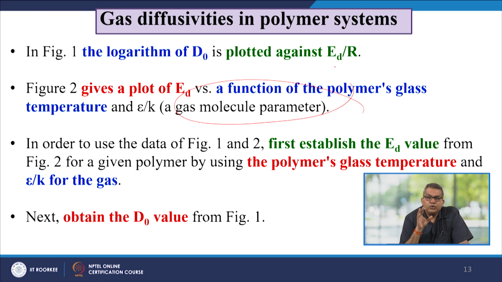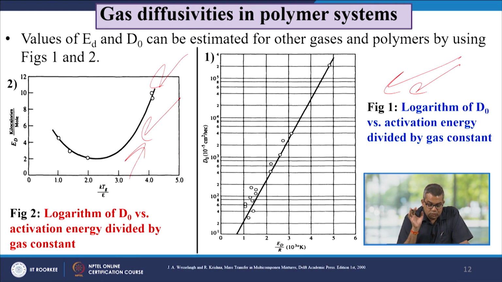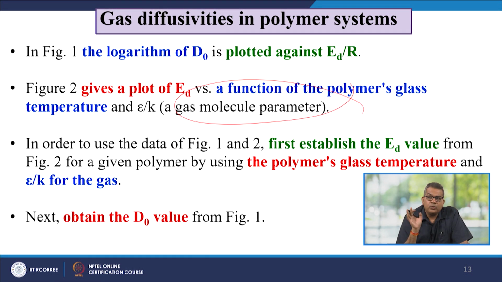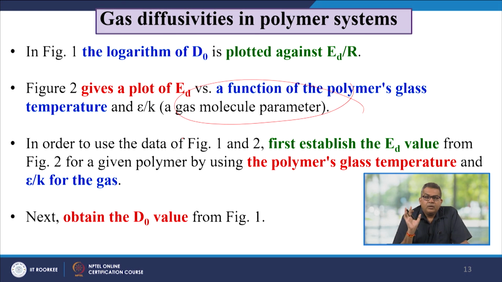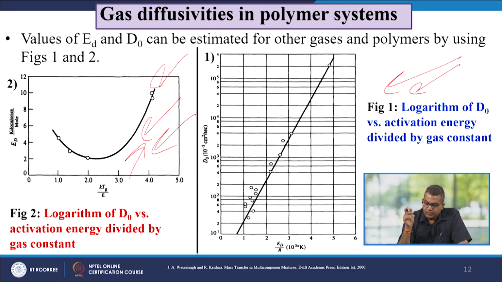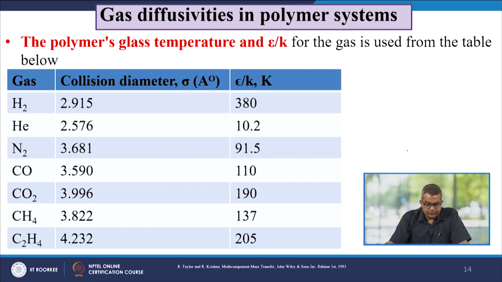In order to use the data of these two figures, first establish the ED value from figure number 2 for a given polymer by using the polymer's glass transition temperature and epsilon over K for the gas. Next, obtain the D naught value from figure number 1.